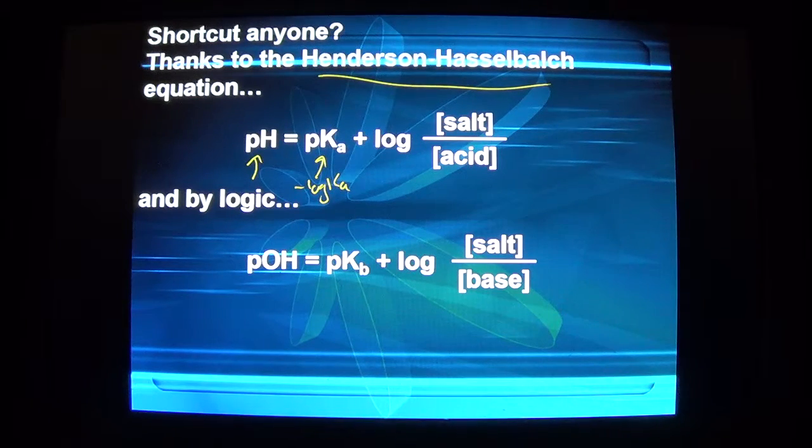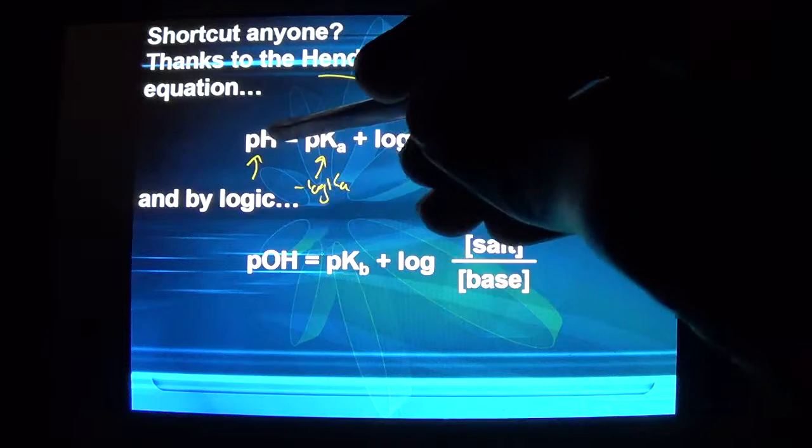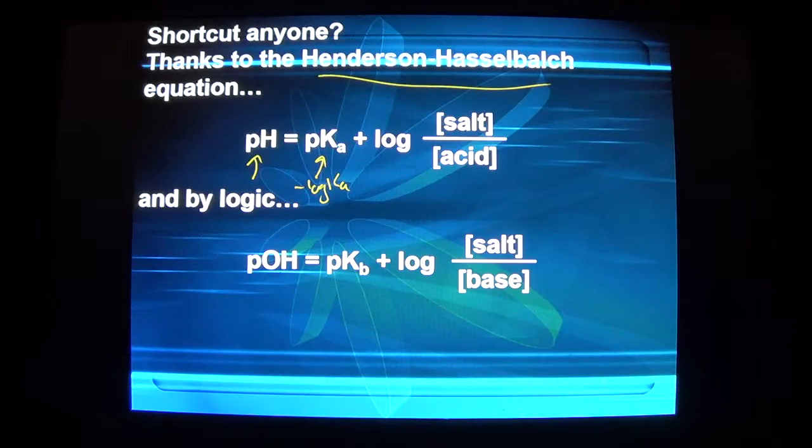If I was doing it for a base, and we could totally have a base buffer system, it would just look this way. Instead of A, it's a B. Instead of pH, it's pOH. Instead of acid, it's a base. So it looks the same. Now here's the bad news. This is not on the AP exam. So it's a great shortcut, but they don't give you the formula. So what does that mean?